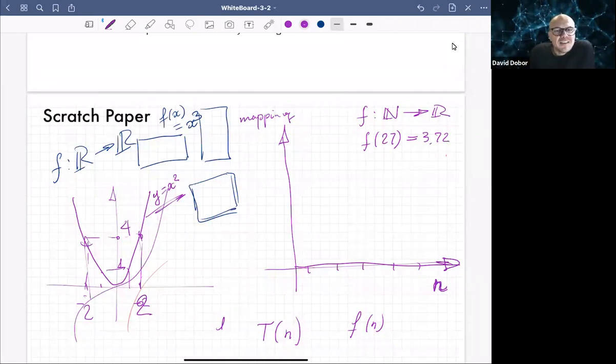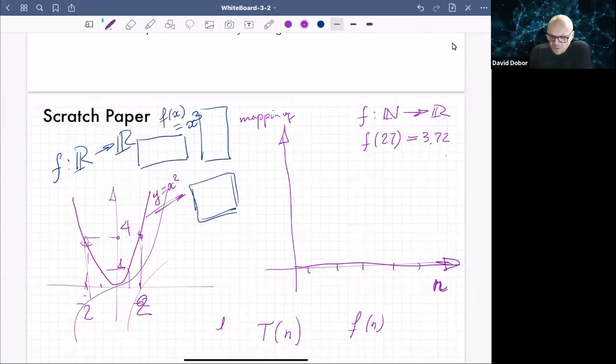That's our function. So our output, because it's a measure of time, the number of milliseconds, nanoseconds, or years to run the program, is a real number. How long does it take? And the input is always an integer. So those are the functions that we're dealing with in this section of the course. Does that make sense?